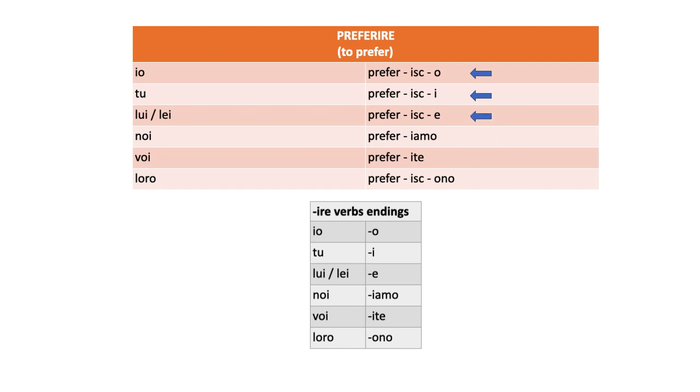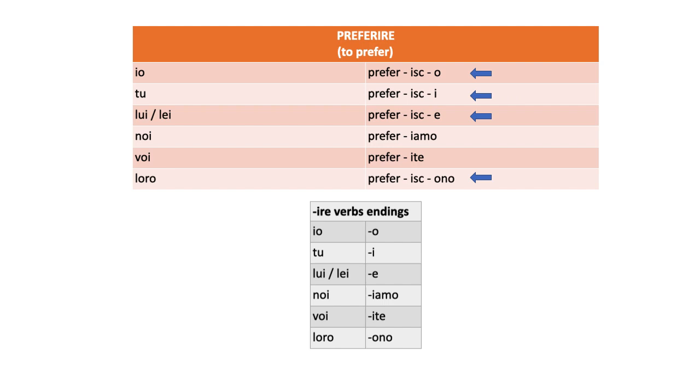Preferisce instead of prefere. No isk for noi. Okay, preferiamo. No isk for voi either. Preferite. But we do insert isk for loro. Preferiscono instead of preferono. And this is the same for all isk verbs. In other words, isk verbs are conjugated with the same endings as any other ire verb.